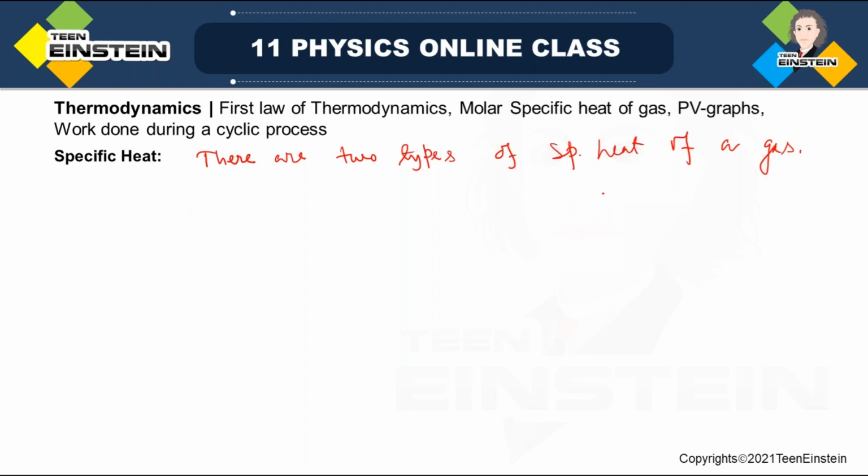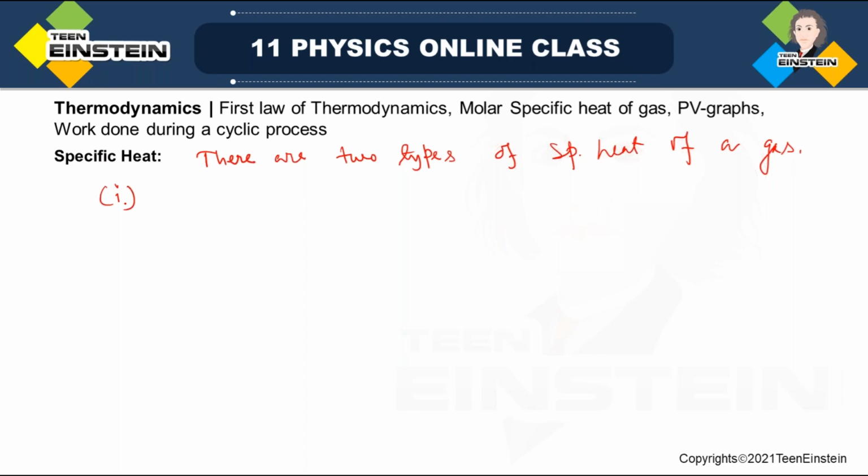As I was discussing, the specific heat depends on the condition in which the gas was heated, so specific heat of a gas can be of two types depending on the condition at which it is heated.